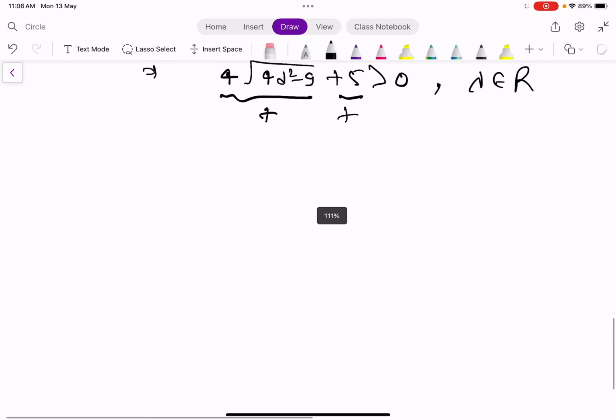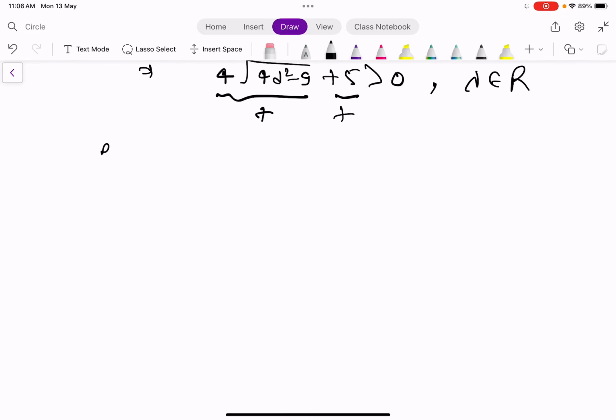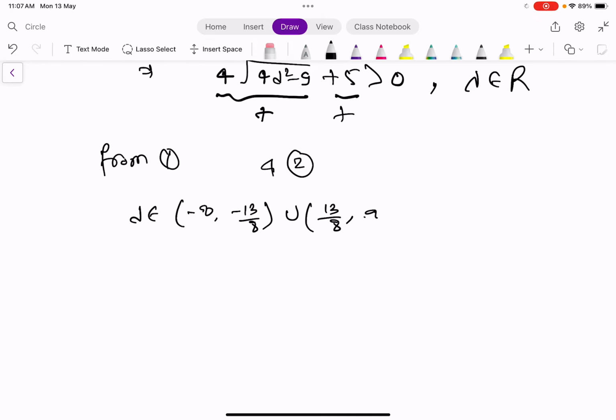All right, so from the first and second cases, what did we get? Lambda belongs to minus infinity to minus 13/8 union 13/8 to plus infinity, and lambda belongs to real numbers. If you take the intersection, the common region, you will get only these values.